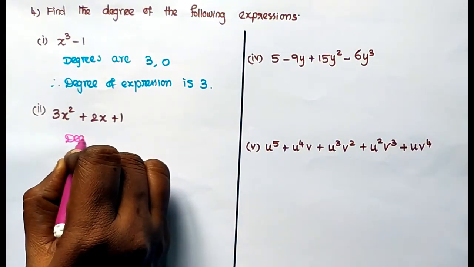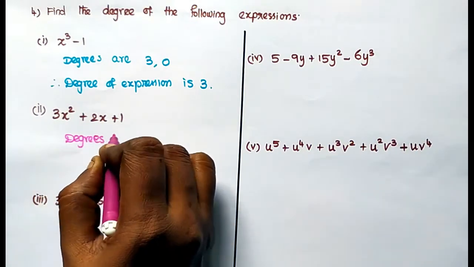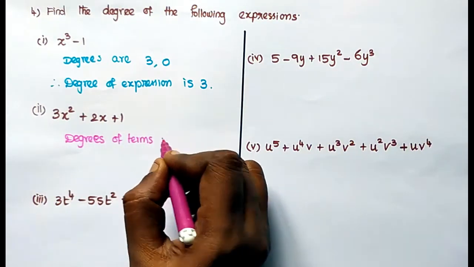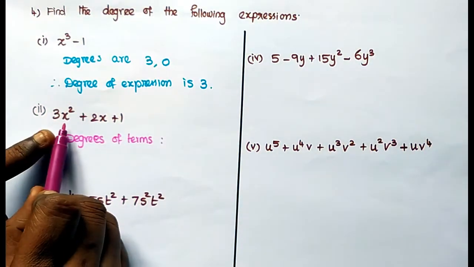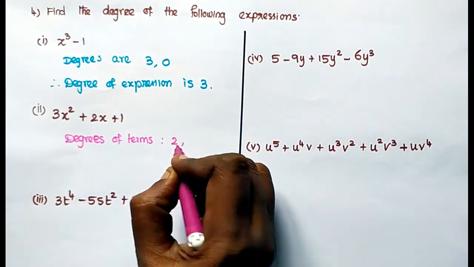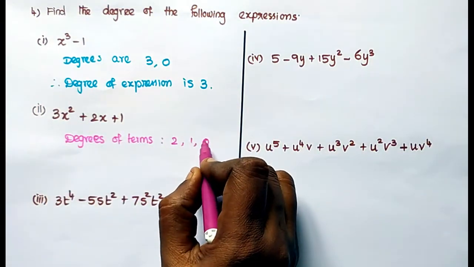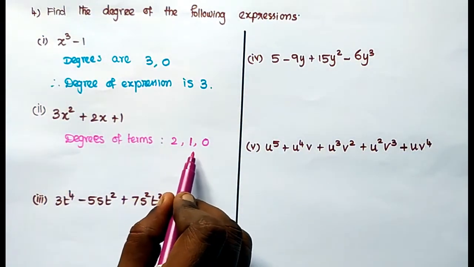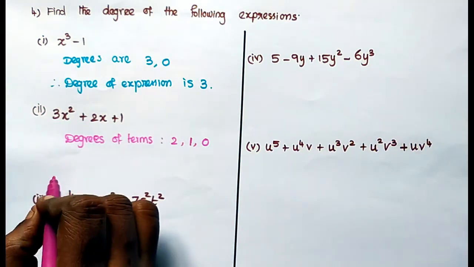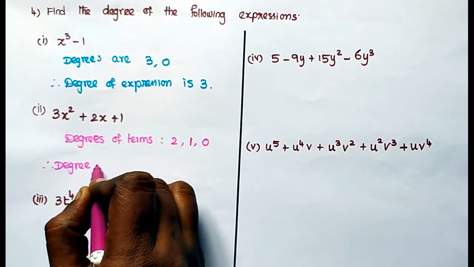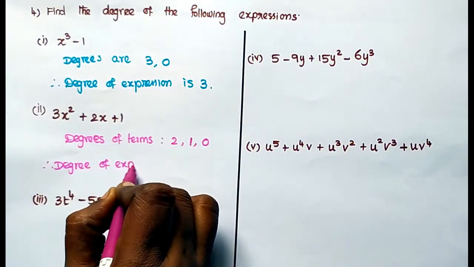Next one, 3x squared plus 2x plus 1. Listen, the degrees of the terms are: first term 2, second term 1, and third term 0. So, which one is the highest power? That is the degree of the expression. So, 2 is the degree of the expression.